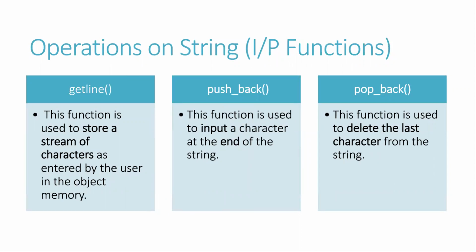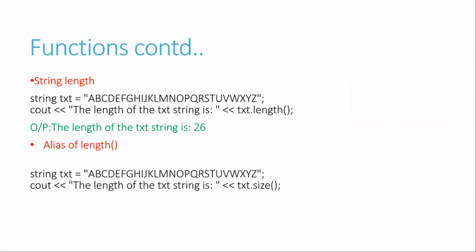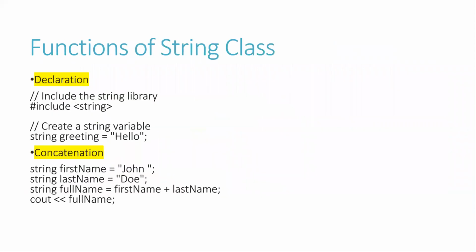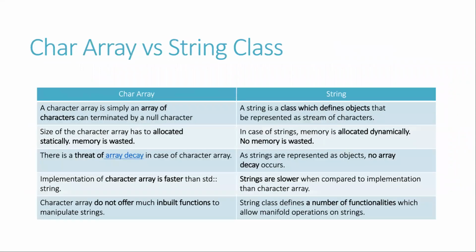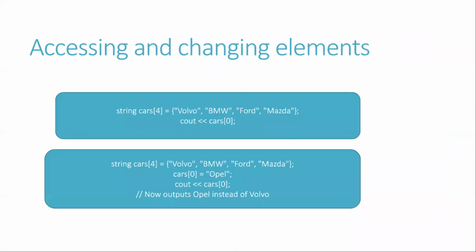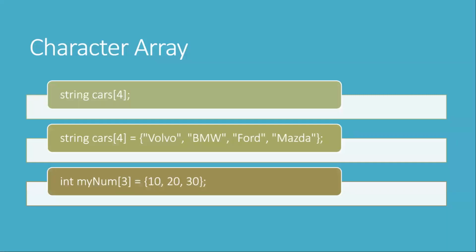I showed you with examples string length and its alias, append function, concatenation, declaration, how we can declare an initialized value, the main differences between character array and string class, how string class is advantageous over character array, how we can access and change elements using a for loop, multiple strings we can also access using the for loop, and how we can pass a string and character array to a function. A single array we can pass easily, but when we want to pass multiple strings, that also we can pass. Then we have to use a pointer, and for using the for loop we have to access this. Okay, so these are the things I have discussed today.